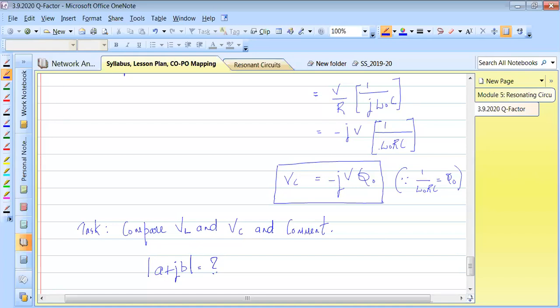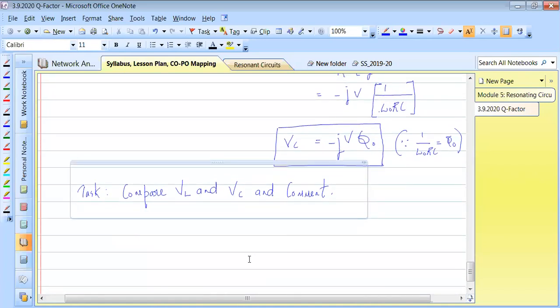Now, can you do that with the magnitude of VL and VC and see what they would be? Square root of A square plus B square. That's correct. Now do that with VL and VC and comment.